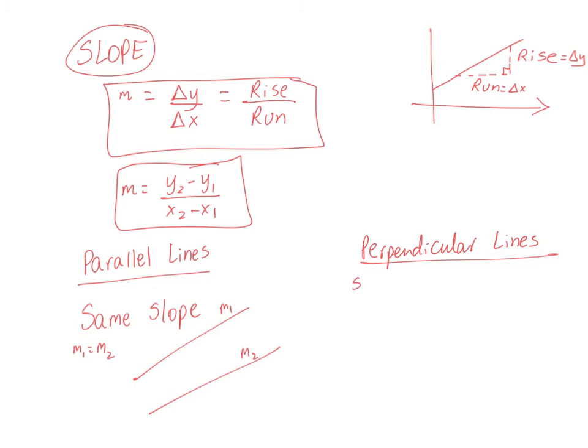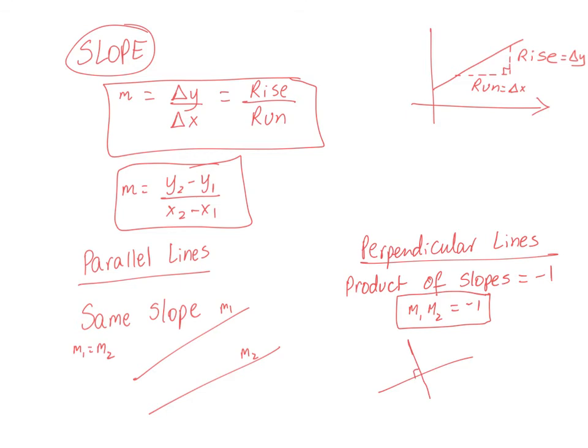Let's write product. Product of slopes. So m1 times m2 is -1.